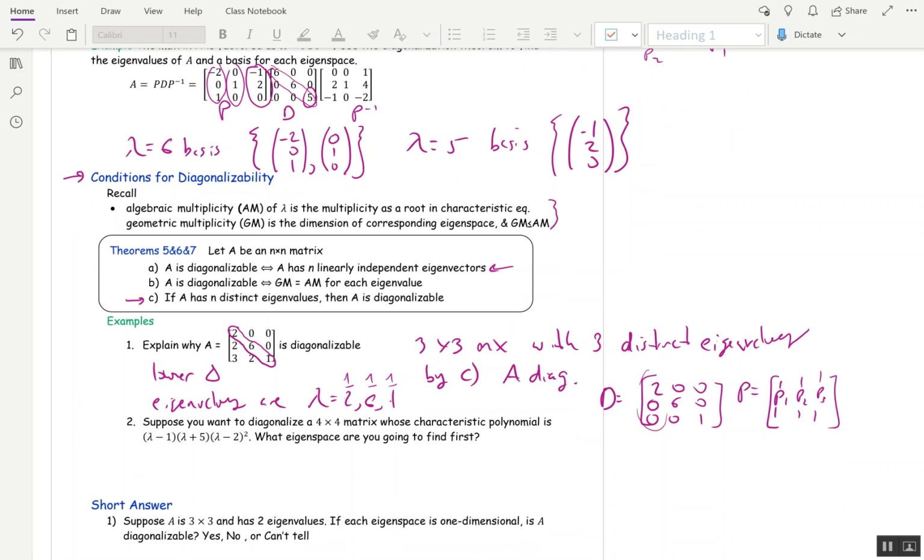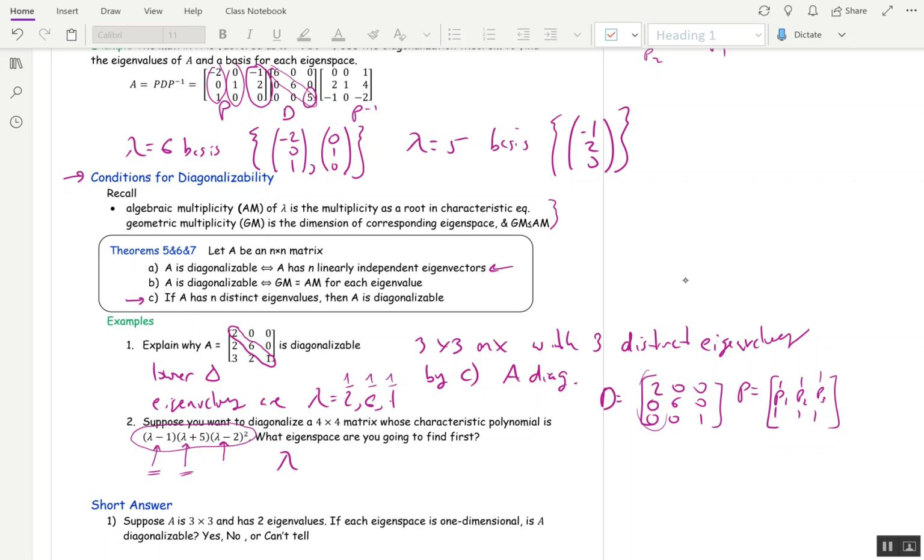All right, suppose we want to diagonalize a 4 by 4, and the characteristic polynomial is this. What eigenspace are you going to find first? Well, you would be wasting your time to find a basis for the eigenspace for this guy or this guy first, because you know you'll get at least dimension 1 for each of those. But then if you went to try and find a basis for the eigenspace corresponding to lambda equals 2, if it didn't have geometric multiplicity 2, you wouldn't be able to diagonalize, and you would have done all this work for nothing.